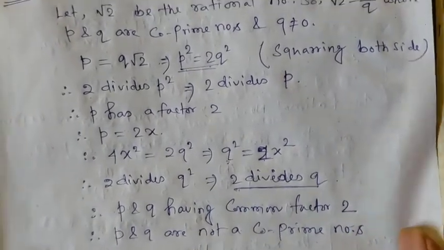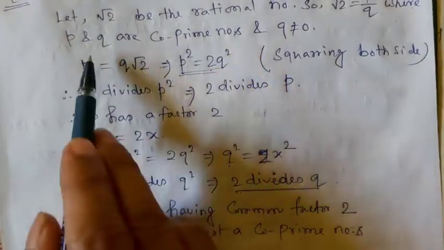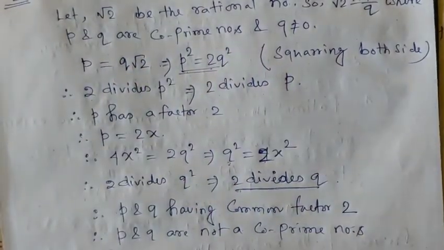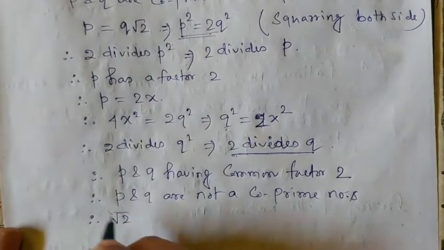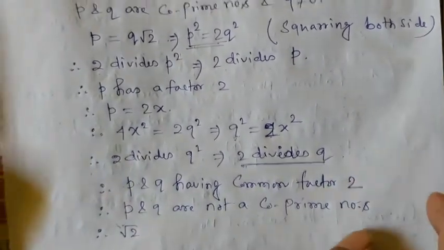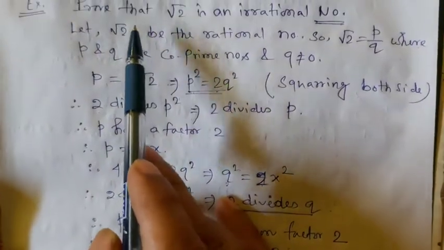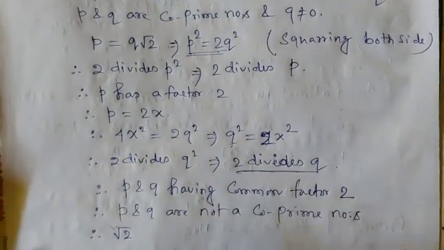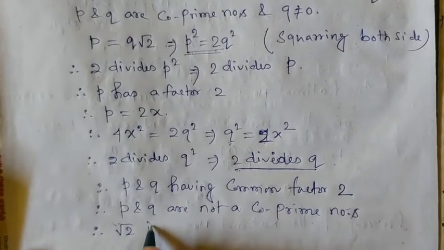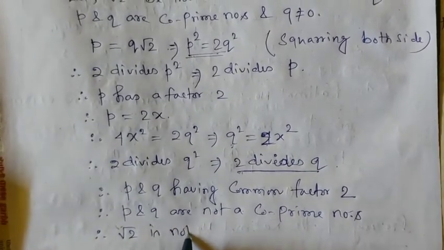But we assumed here p and q are co-prime numbers. So this is a contradiction. Our contradiction comes from assuming root 2 to be a rational number. Therefore root 2 is not a rational number.